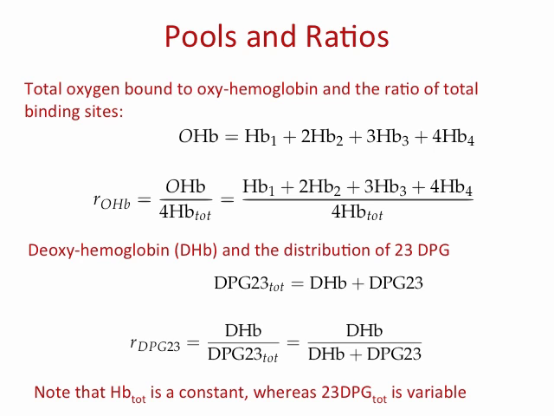Red cells don't synthesize or degrade hemoglobin, although it's probably deteriorating with age. I note that the red cell lives for 120 days, so any deterioration is much slower than the timescales we are concerned with here. And we note that the total amount of 2,3-DPG is a variable, as it is a glycolytic intermediate, as it's related to glycolysis, I should say, and can be synthesized and degraded.